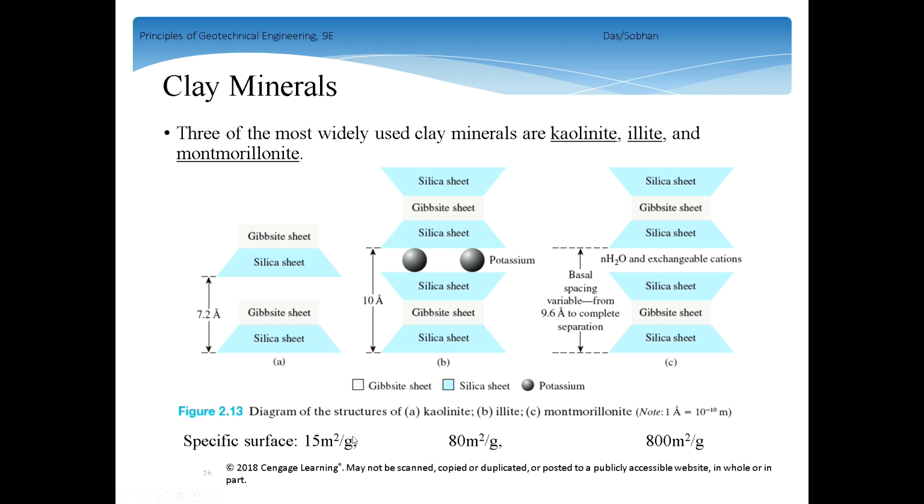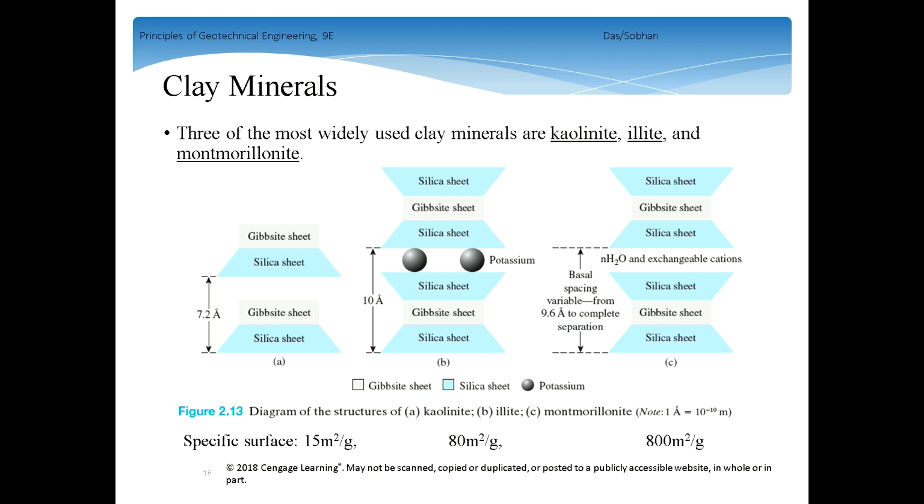So why do we mention specific surface? Specific surface is where you count the surface area of every single particle. It's like you spread all the particles together and count the surface of the particles. If the surface is large, then that means the soil can absorb more water, right?